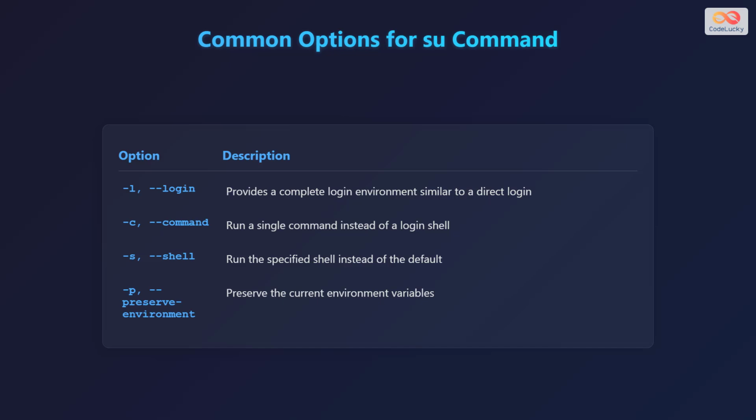The -c or command option allows you to run a single command as the target user instead of starting an interactive shell. The -s or shell option lets you specify which shell to use for the target user's session, overriding the default shell. The -p or preserve environment option preserves the current user's environment variables when switching to the target user.